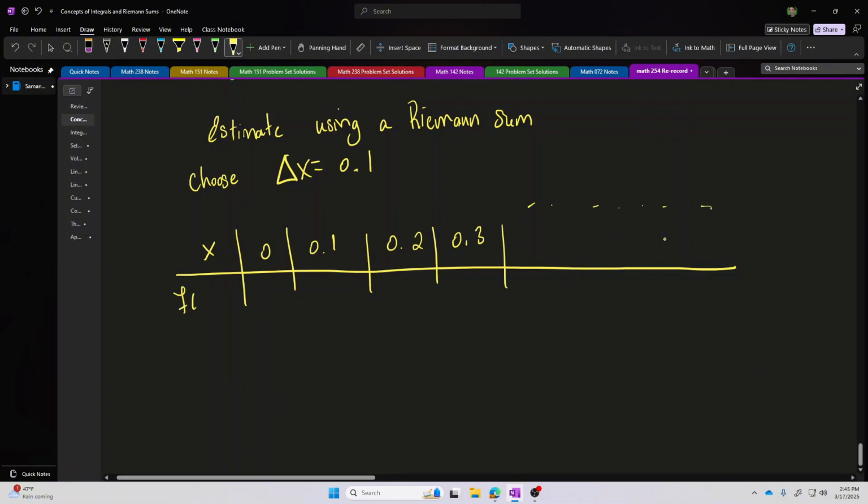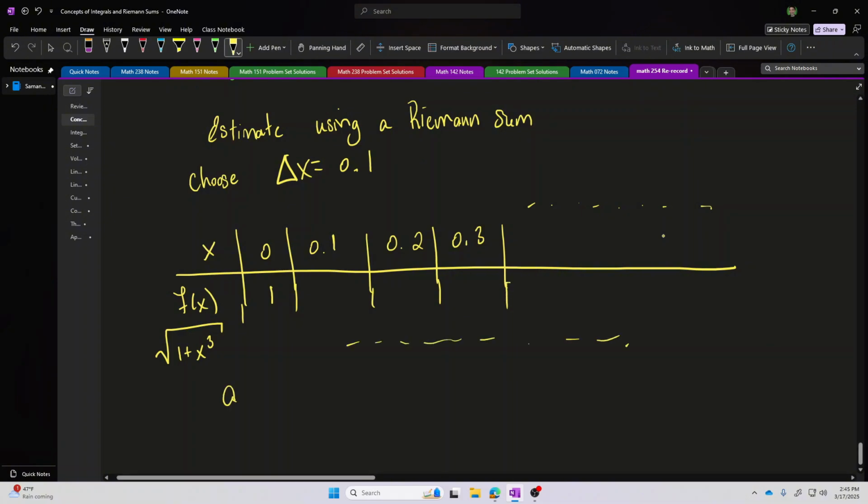And then you can plug each of those x values into your function, in our case the square root of 1 plus x cubed. You can plug each of those into the function to find the corresponding output values. And you might have a calculator there to help you.